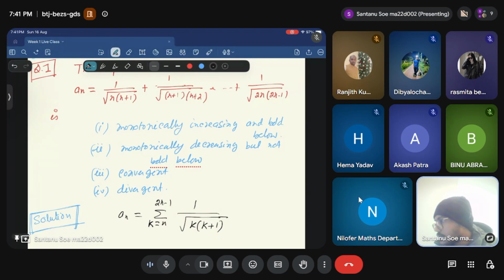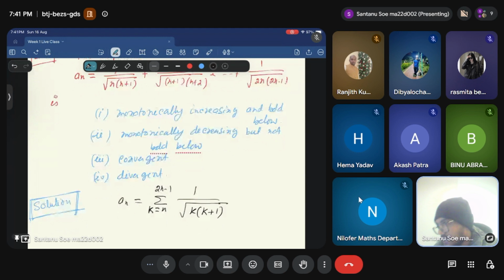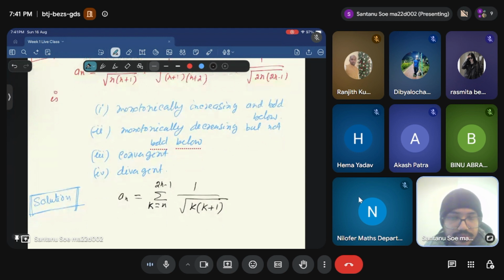Now, in the last class I discussed a theorem called the sandwich theorem, or you can say squeeze theorem or mousetrap principle, because all are the same.